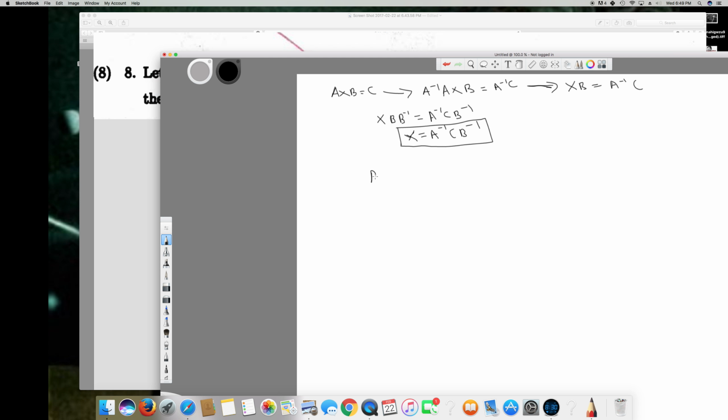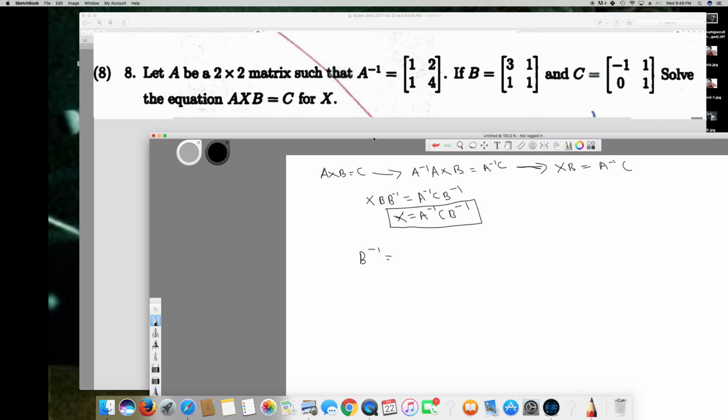So the first thing is B inverse is going to be equal to, so I copy this. First of all, 1 over AD minus BC: AD is going to be this diagonal, 3 times 1, and BC is going to be this diagonal, 1 by 1.